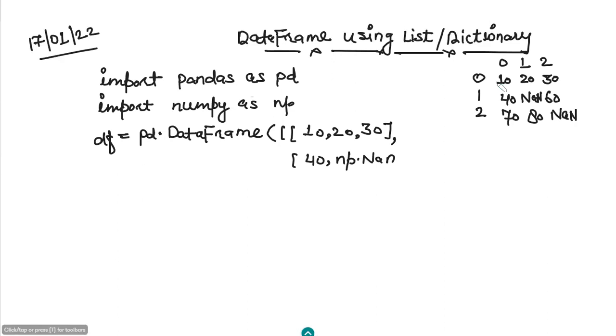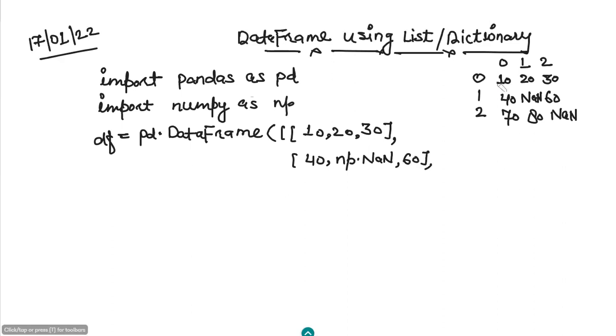Make sure the characters should be the same, right? N will be capital, a will be small, and now again N will be capital. This is the proper attribute which we will write, right? Now the next element is 60.